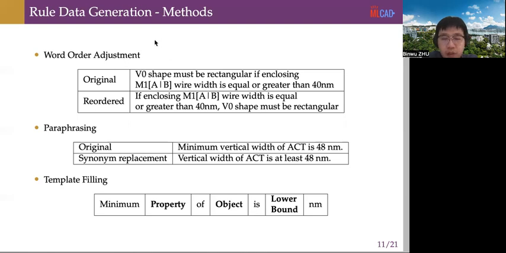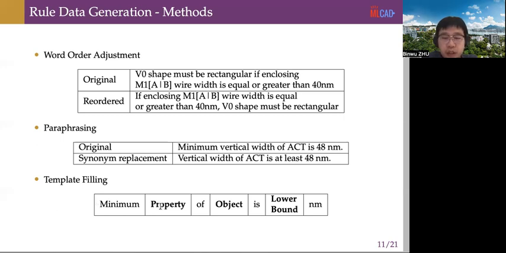After applying the previous two raw data generation methods, we can obtain a series of design rules with diverse sentence structures. From these generated rules, multiple templates with different structures can be acquired. For example, here is the most common template, where the bold parts are specified semantic roles.